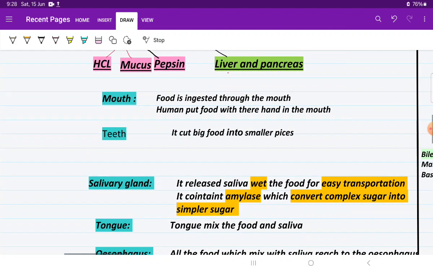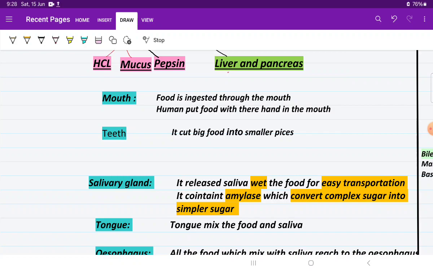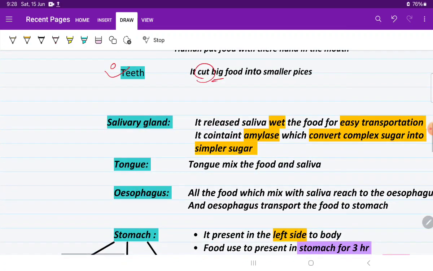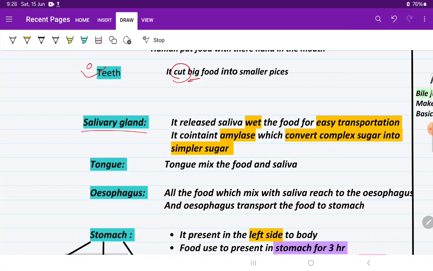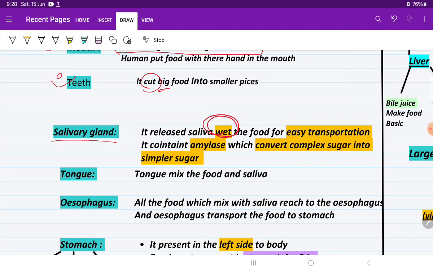Now let's see deeply. First of all, the mouth. Food is put through our hands into the mouth. Then teeth cut it into smaller pieces. Then the salivary gland releases saliva when the food is in our mouth, and makes the food wet for easy transportation through our esophagus.